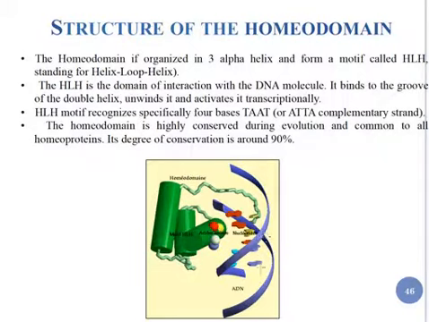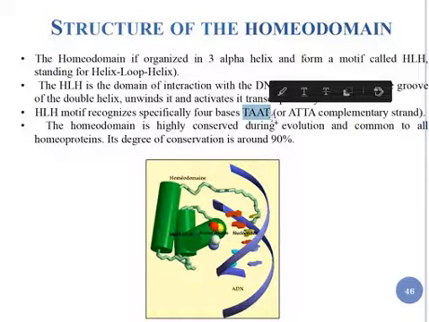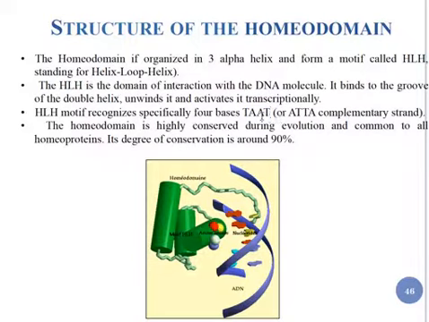We have small grooves and large grooves. These homeodomains will interact with the grooves of the DNA. They bind to 4 bases or nucleotides. These nucleotides are TAAT, or they can be ATTA if we are talking about the complementary strand.